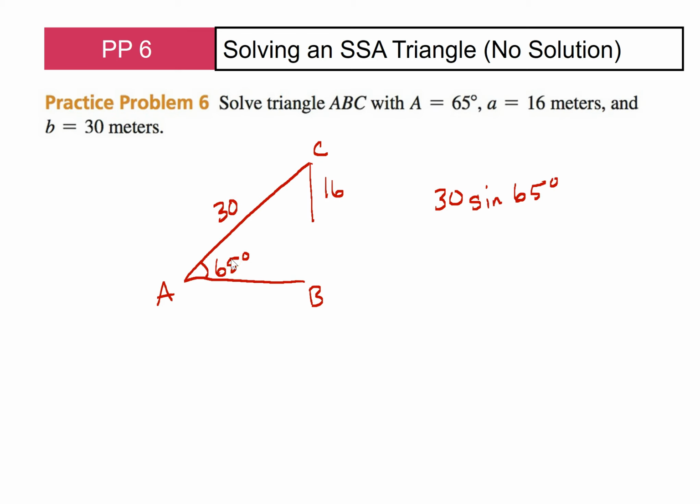When we plug that in, we get ourselves 27.19 meters at this point, and that's not going to happen. You need at least 27.19 meters to get you back from C to B. We only have 16. That is going to be no triangle exists. Not possible to make that happen.